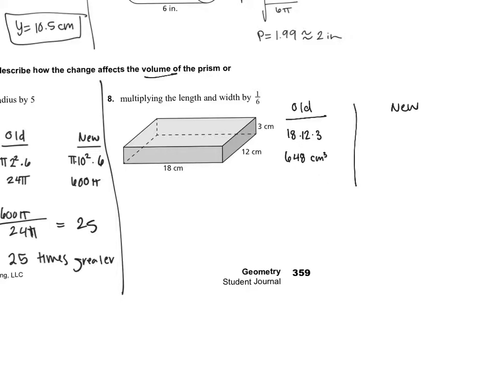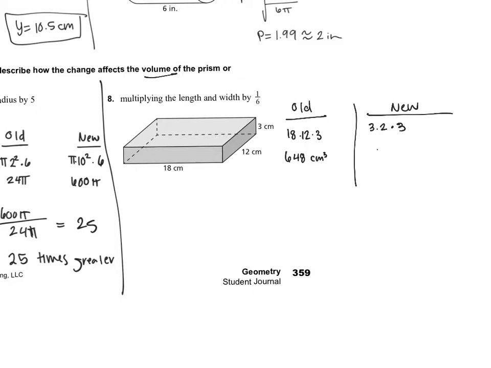And then my new would be 3 times 2 times 3, right? Because we're multiplying both the length and the width by 1/6. So my new length is going to be 3, my new width is going to be 2, and my height remains 3 because it doesn't say anything about the height.